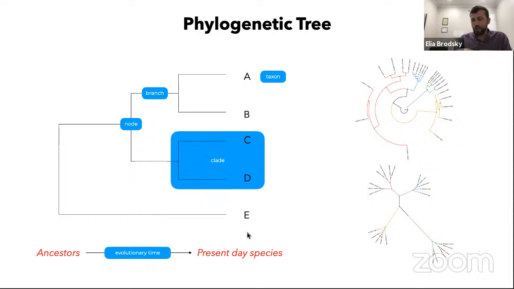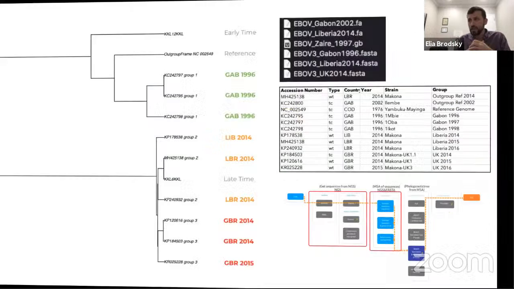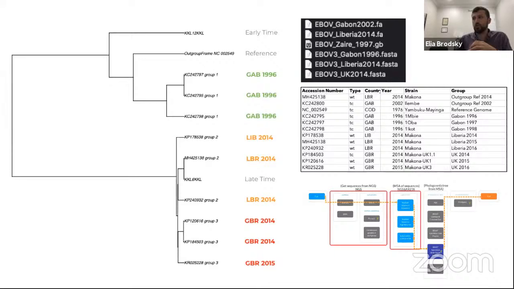What type of information can that give us? Here you can see an analysis of multiple samples of Ebola viruses. We have a number of sequences from Ebola viruses from Gabon, Liberia, Great Britain, and we can ask the question, how do they relate to each other? So if that relationship is closer, for example, these are closer to each other than these, and what is their relationship in time?